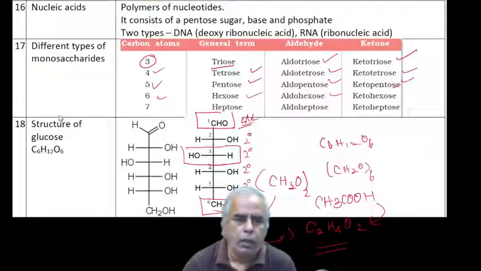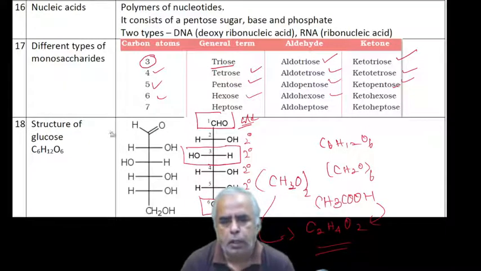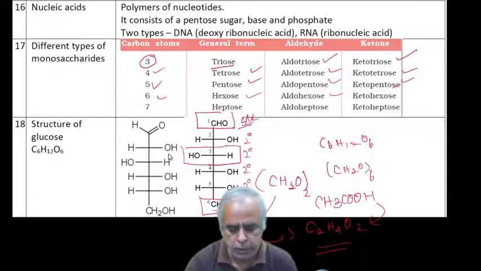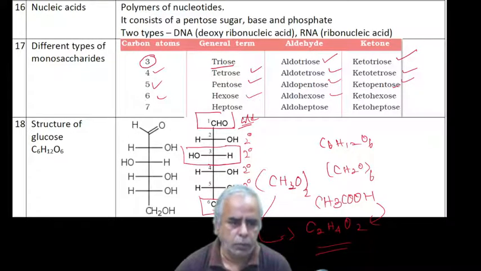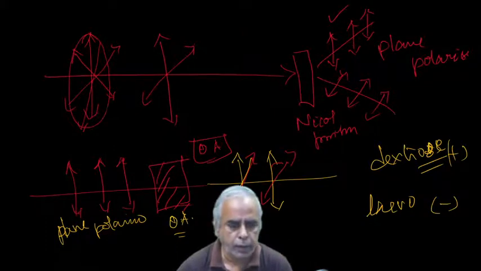Basically, we will be discussing the rotation in sugar also, and before that, we will try to understand the structure in a very simple way. Write down. So this is the aldehyde, first carbon atom, second carbon atom, third carbon atom.